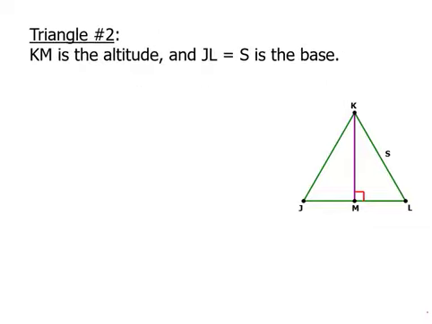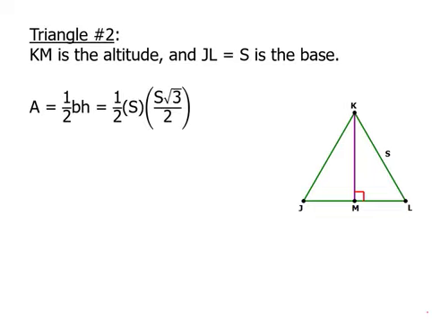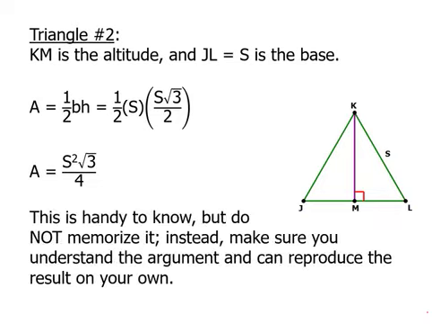So KM is the altitude, and JL, which is equal to S, is the base. So of course area is 1/2 base times height, 1/2 S times S root 3 over 2, and this simplifies to S squared root 3 over 4. That is the formula for the area of an equilateral triangle that has a side of S.